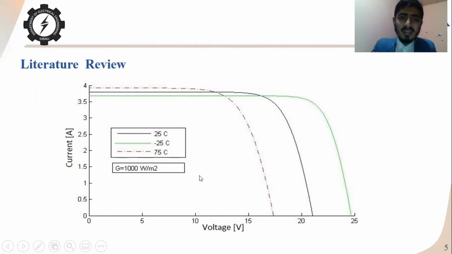Whenever the temperature increases up to 75 degrees centigrade, the voltages are reduced even more. So whatever I said is true from this graph: when the temperature increases, the voltage decreases.